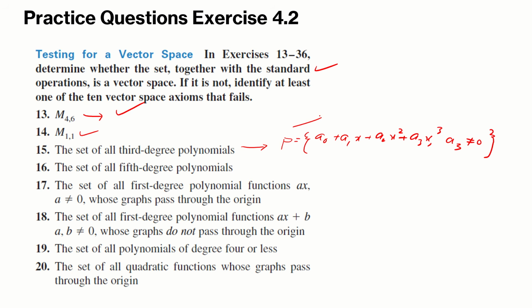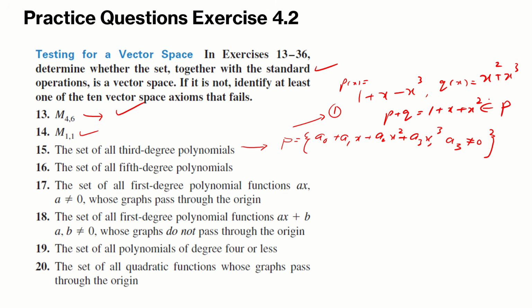So this set is not satisfying the first condition, because if you take one polynomial as 1 plus x minus x cube, this is my p of x, and my q of x, if I take that as x square plus x cube, then p plus q, which will be the sum of these two, x cube cancels, so we get 1 plus x square, which does not belong to P. The condition number 1 is not satisfied, therefore it is not a vector space.